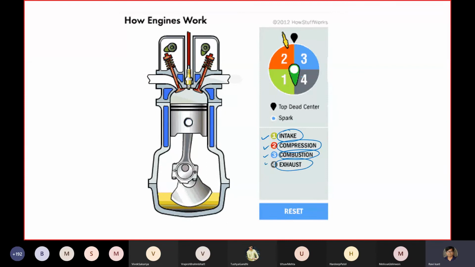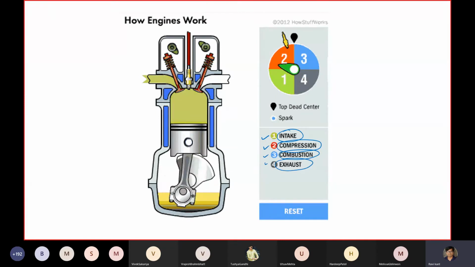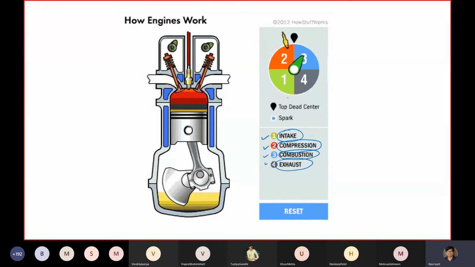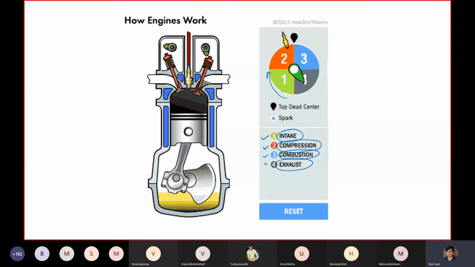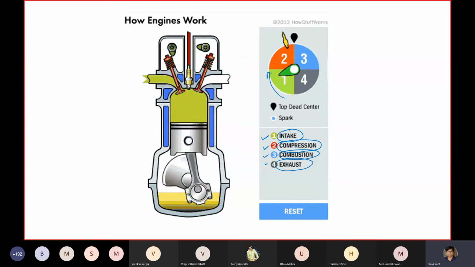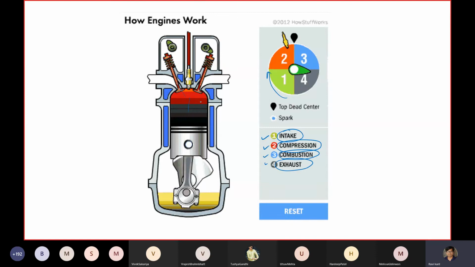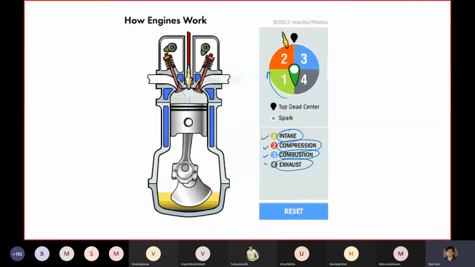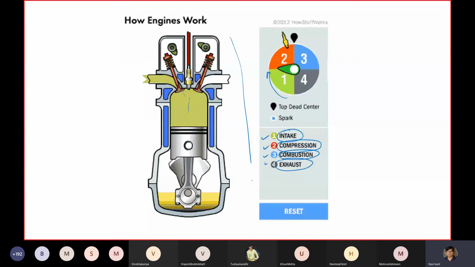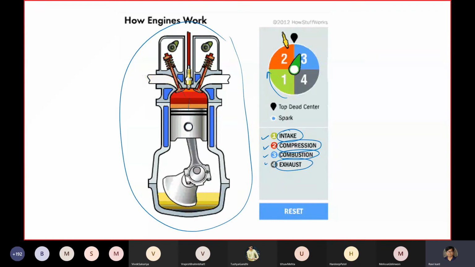So you can keep track of your timings as well. During this period it is the intake stroke. Now it is going to compression, and then combustion, and then exhaust. So the whole cycle is being depicted over here.